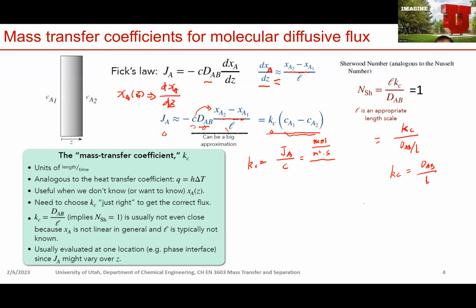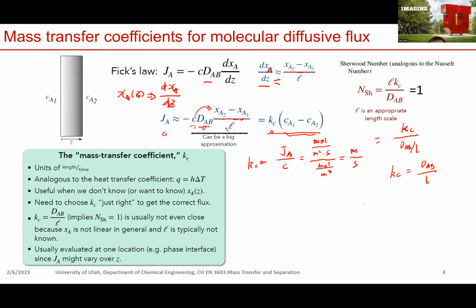Then concentration has a unit of mole per meter cubed, right? If you simplify this further, you will get meter per second. So that's why the mass transfer coefficient has the unit of length over time.